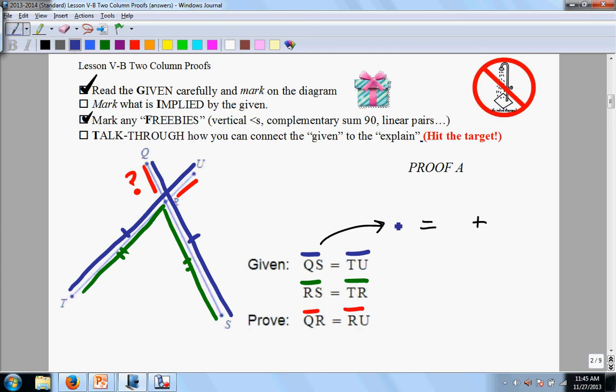We know that the blue segment, QS, is made up of the segment QR, the red one, plus the green one, which is RS. We know that the larger segment is equal to the two smaller segments added up. We also know TU, the same thing, the larger segment, is equal to the smaller segments added up. So TU is equal to RU plus the other segment, which is TR.